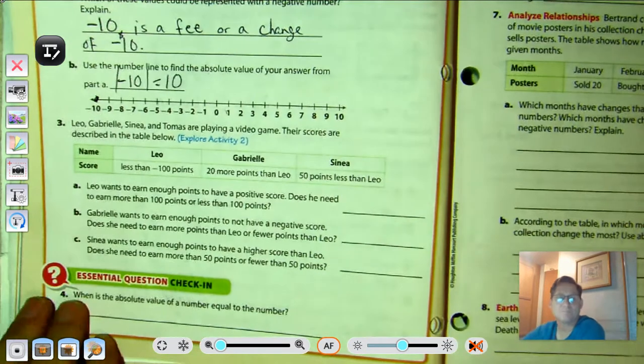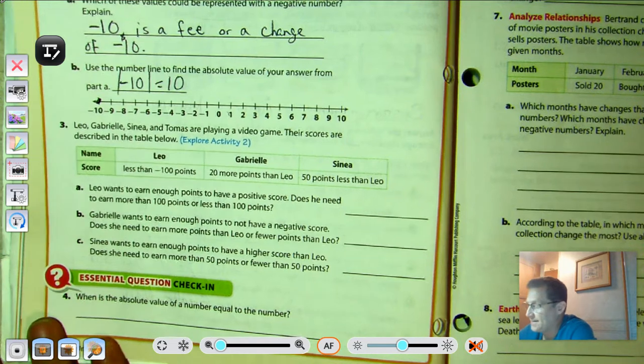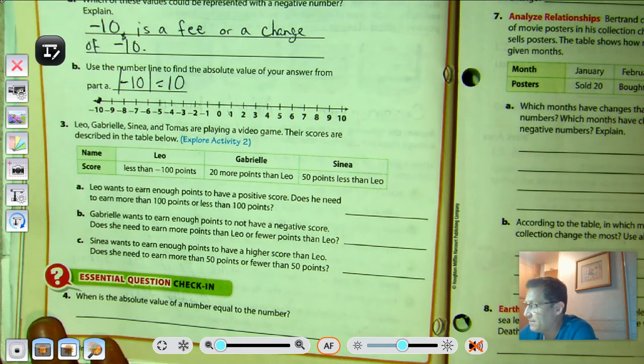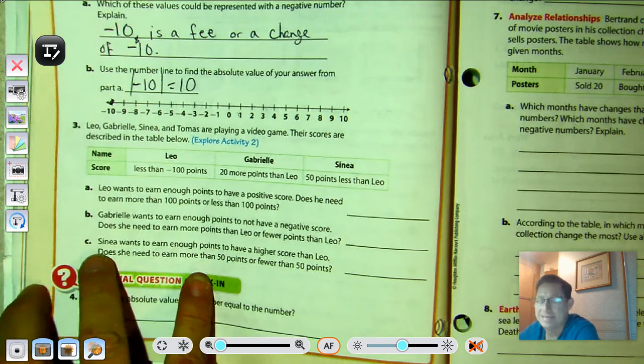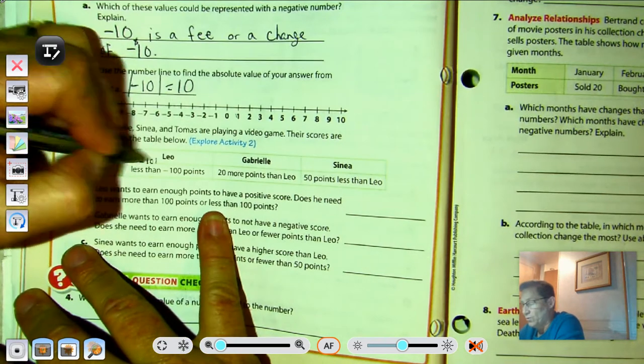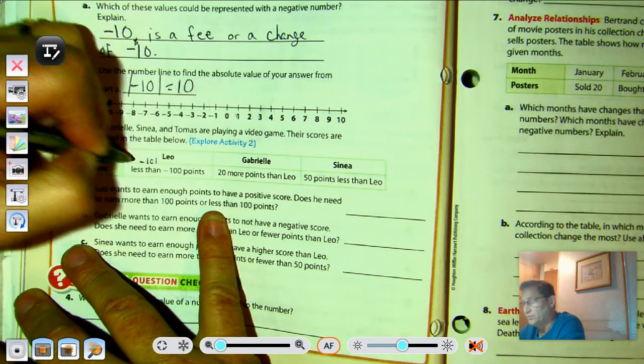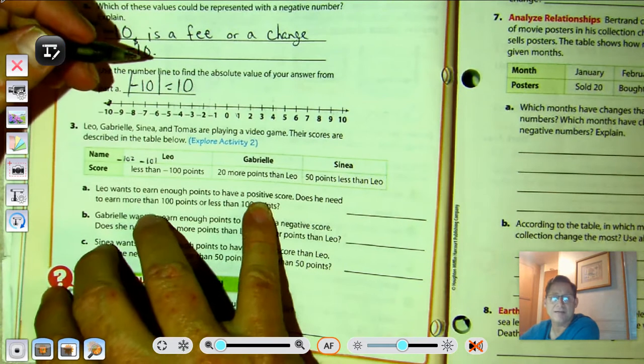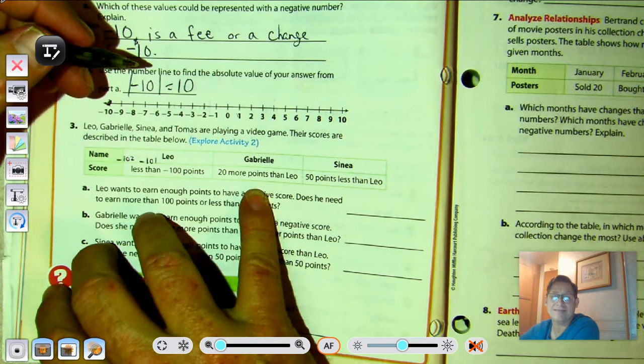3. Leo, Gabriel, Sanea, and Tomas are playing a video game. Their scores are described in the table below. Leo has less than negative 1,000 points. So it would be like negative 101, negative 102, so on. Gabriella has 20 more points than Leo.